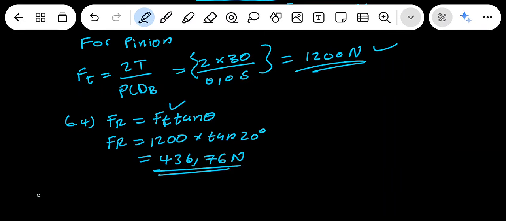All right, so we have 6.5. What do we have to determine now?